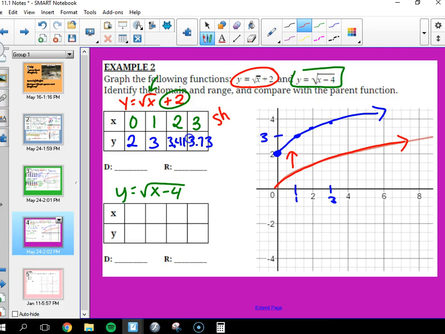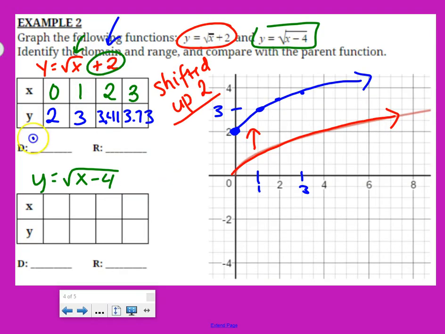So it's shifted up 2. If we can think of a reason why, it'd be because we added that 2. Identify your domain, so those x values. X had to be greater than or equal to 0. And then our range is the y values, which start at 2 and get bigger, so greater than or equal to 2.